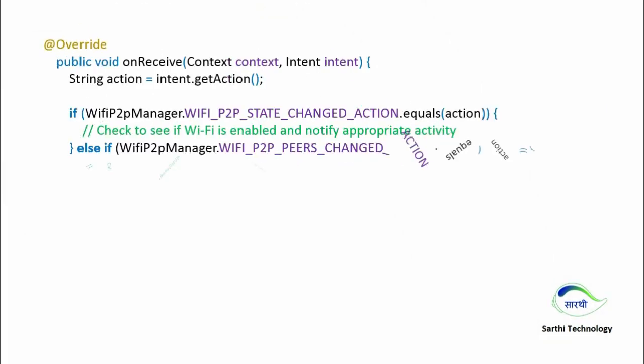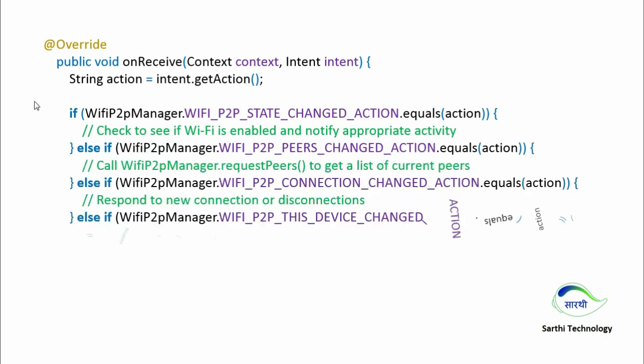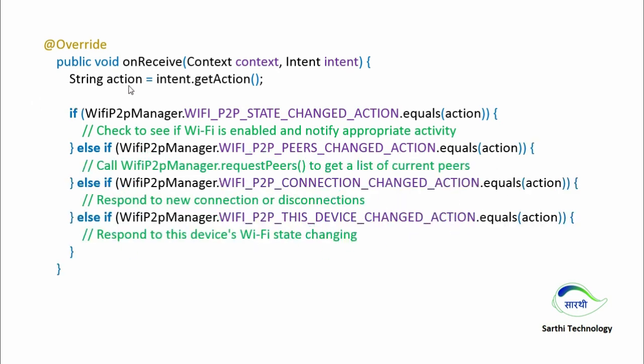In onReceive, first we will create a String object, action in this example, and initialize it using intent.getAction. Now we have the action, and we can check the current action.